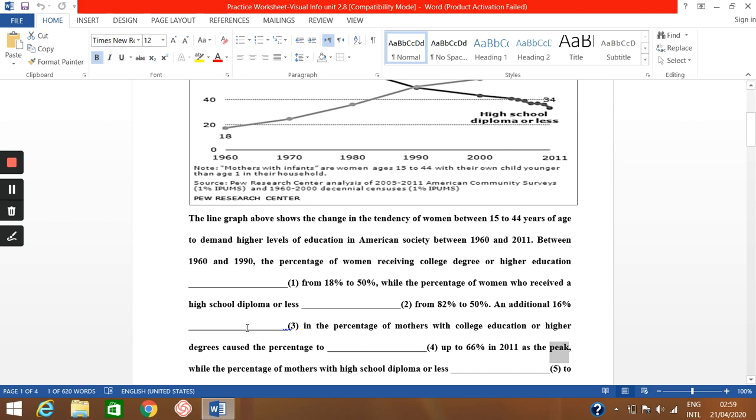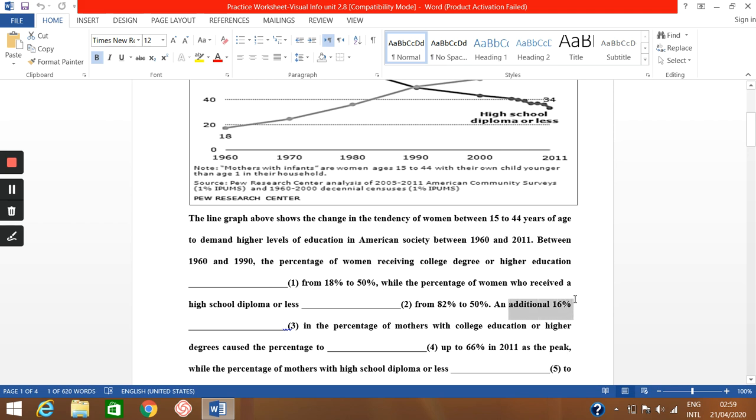So in that case, you can use the word increase as a noun or rise, because you have to be very careful about words that have some derivations. As we said, the word increase can be used as a verb or as a noun. And rise itself can be used as a verb or a noun, just like drop and so on. So here, you need to use a noun because of the adjective here, an additional 16%.